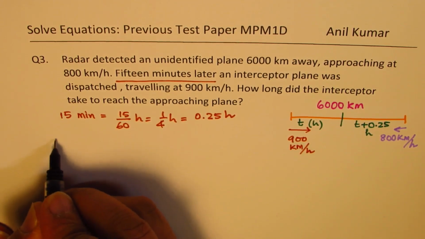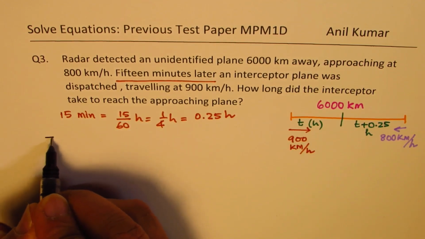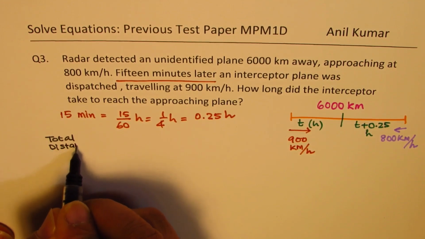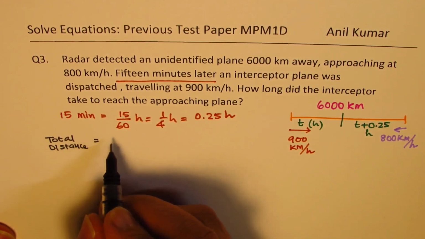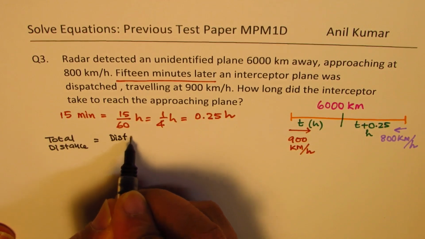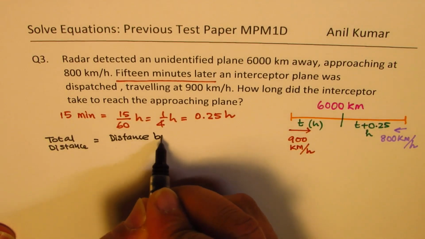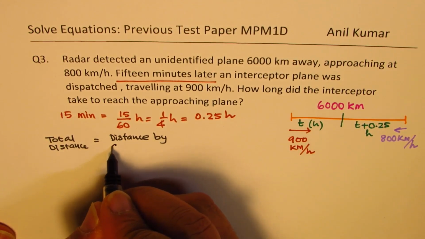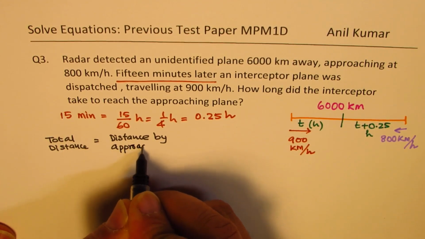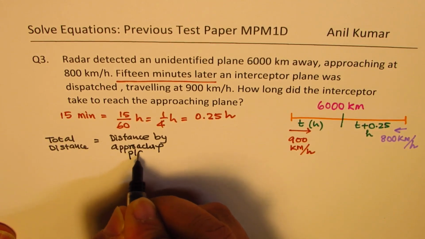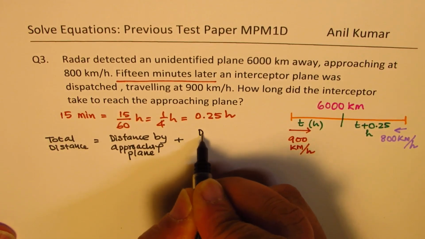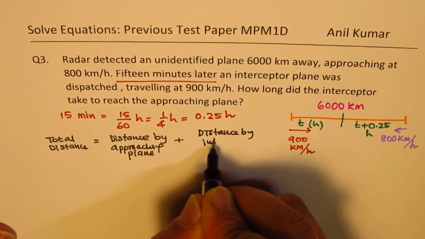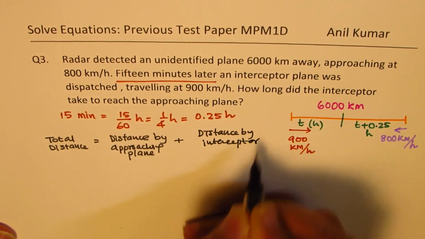So basically, the total distance equals the distance traveled by the approaching plane plus the distance traveled by the interceptor.